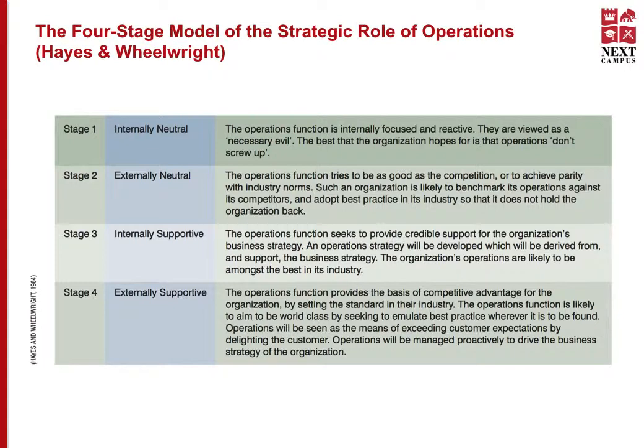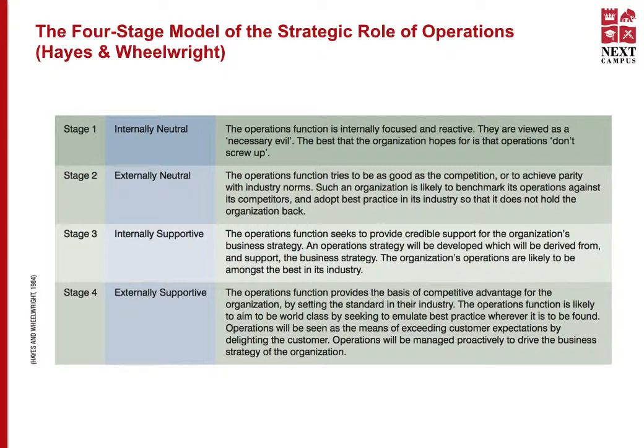Stage two, externally neutral. The operations function tries to be as good as the competition or to achieve parity with industry norms. Such an organization is likely to benchmark its operations against its competitors and adopt best practice in its industry so that it does not hold the organization back.